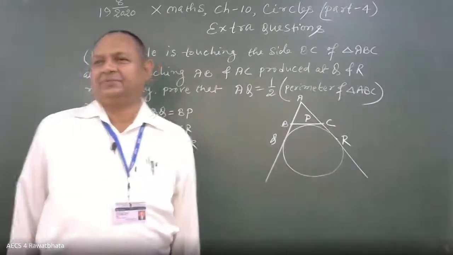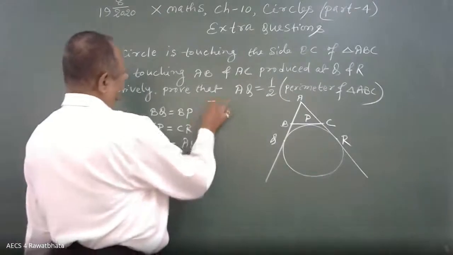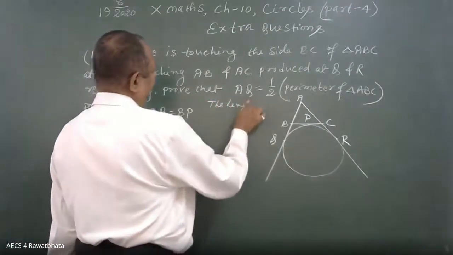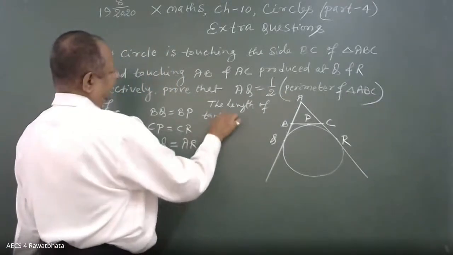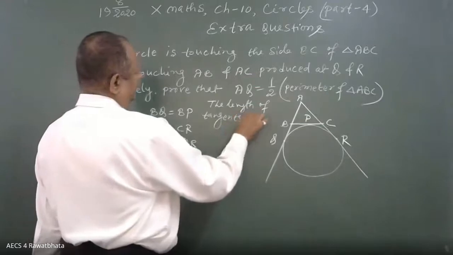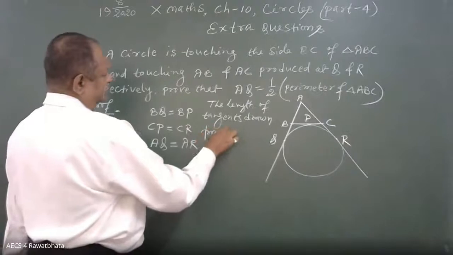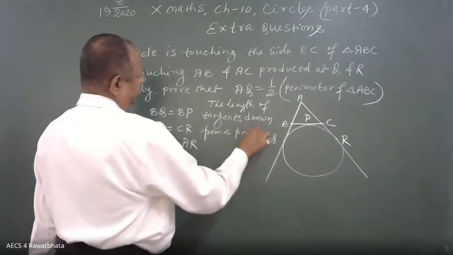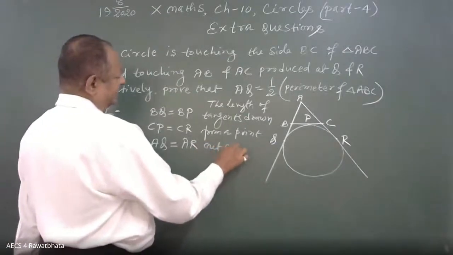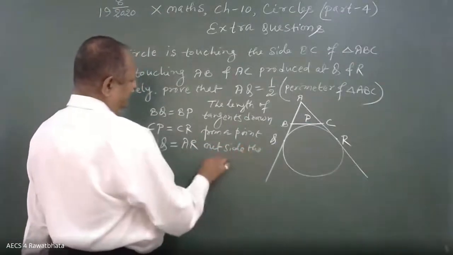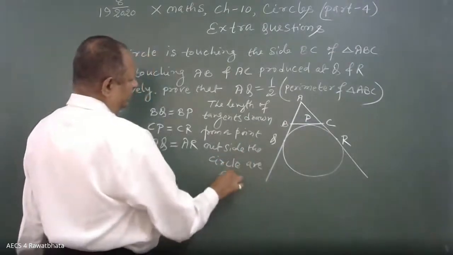The lengths of tangents drawn from a point outside the circle are equal.